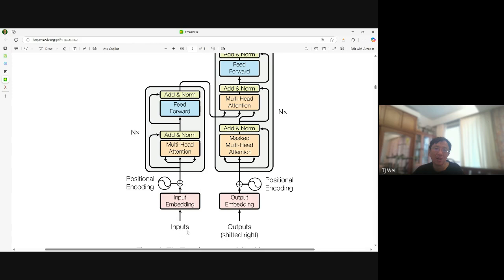If the second one is 35, we find the corresponding vector and put it into the second place. So the input is a sequence of numbers, and after the input embedding, we have a sequence of vectors.